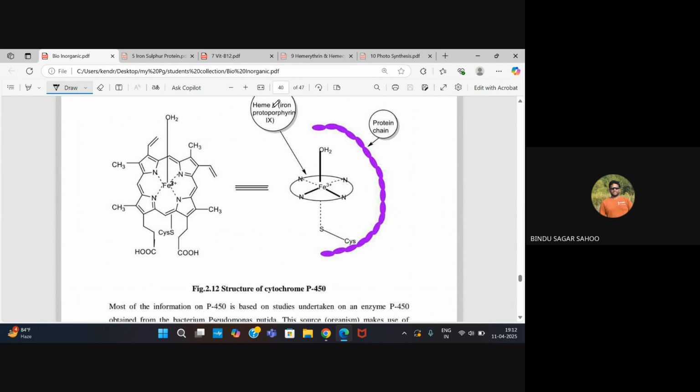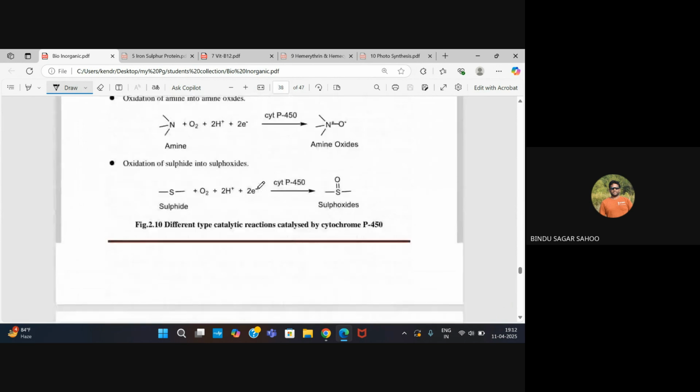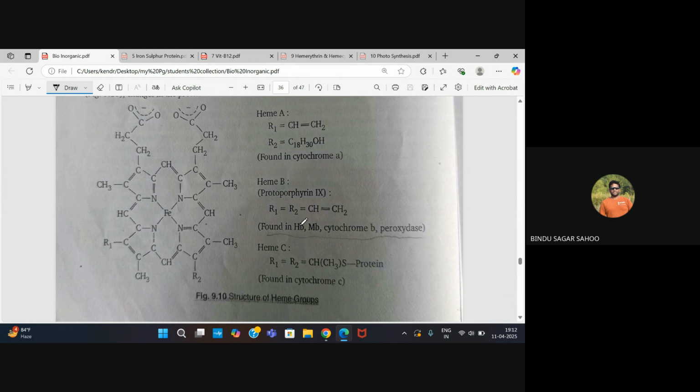And this is Heme B. So why Heme B? You can check here. Two carboxylic acid groups are present: CH2, CH2, and COOH. Similarly, here the surrounding residue is also CH2, CH2, COOH. So that's why this is called Heme B protoporphyrin.